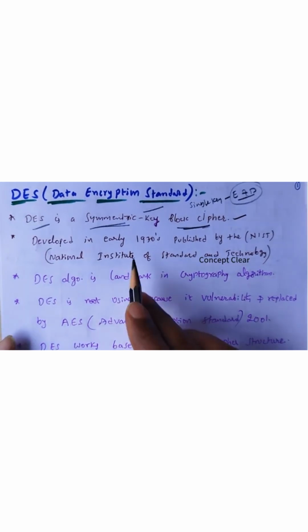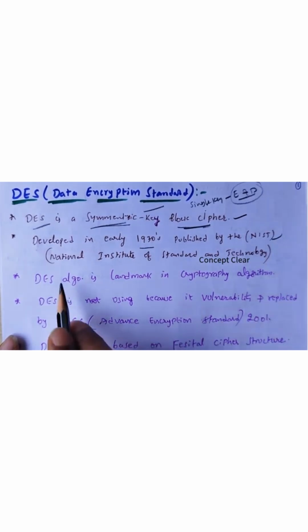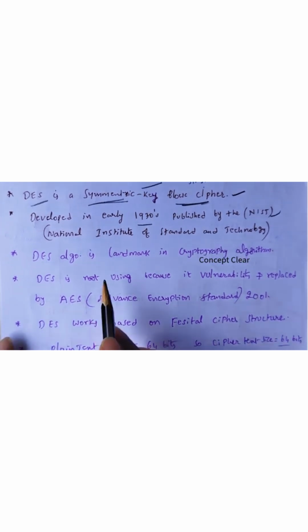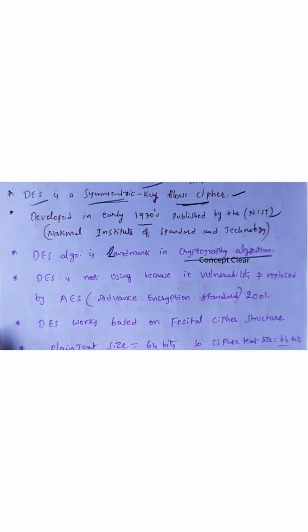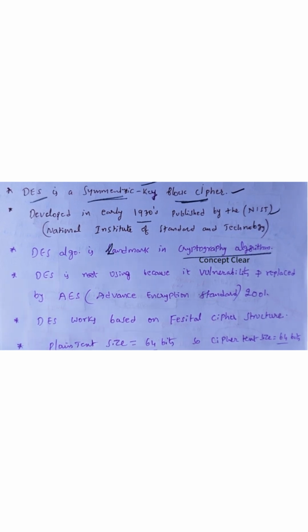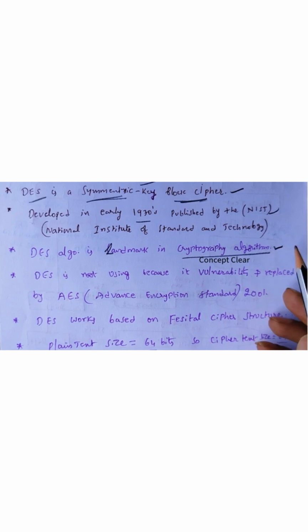Okay, clear? It was developed in the early 70s and published by NIST. Okay, NIST means National Institute of Standards and Technology. The DES algorithm is a landmark in cryptography. Why? Because before that there were only small, little techniques, but after the development of DES, it became one of the major encryption algorithms. Okay, DES is not used currently.